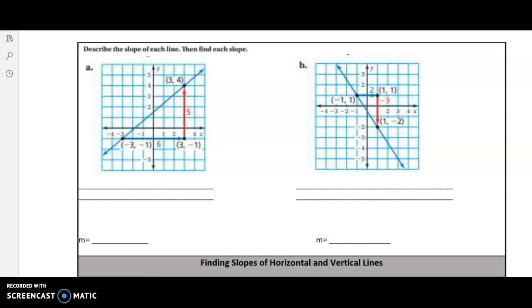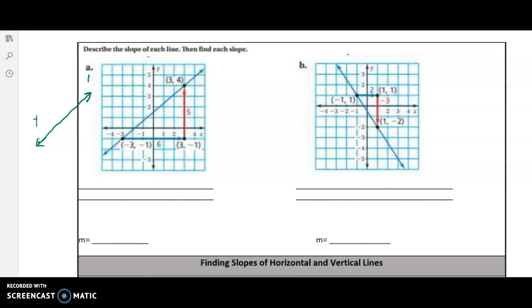So to describe the slope of the line and then find each slope. Like I talked about last class, whenever our line from left to right looks like it's going upwards, like I said, we start here and we end here. If we go from left to right, it looks like we're going up a mountain.